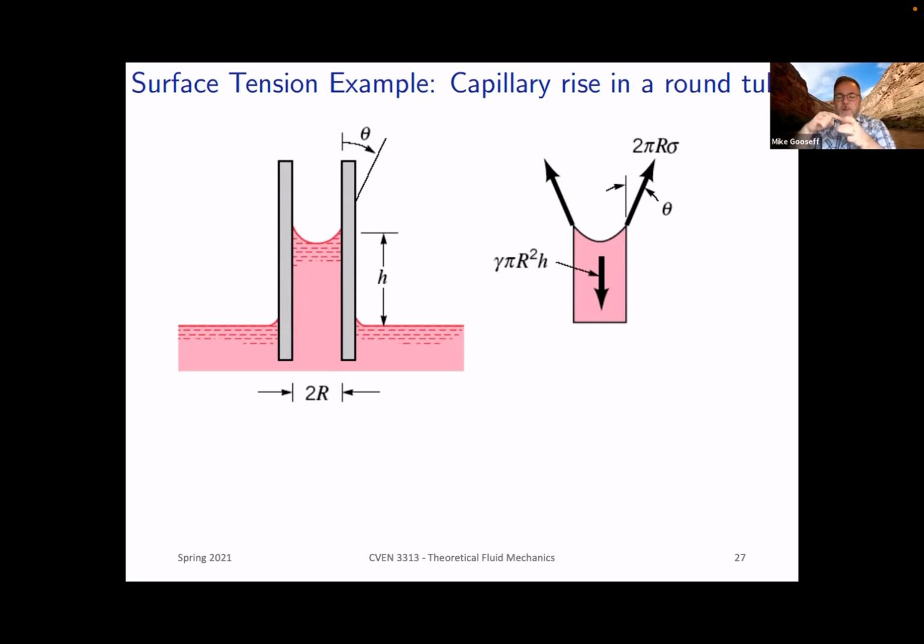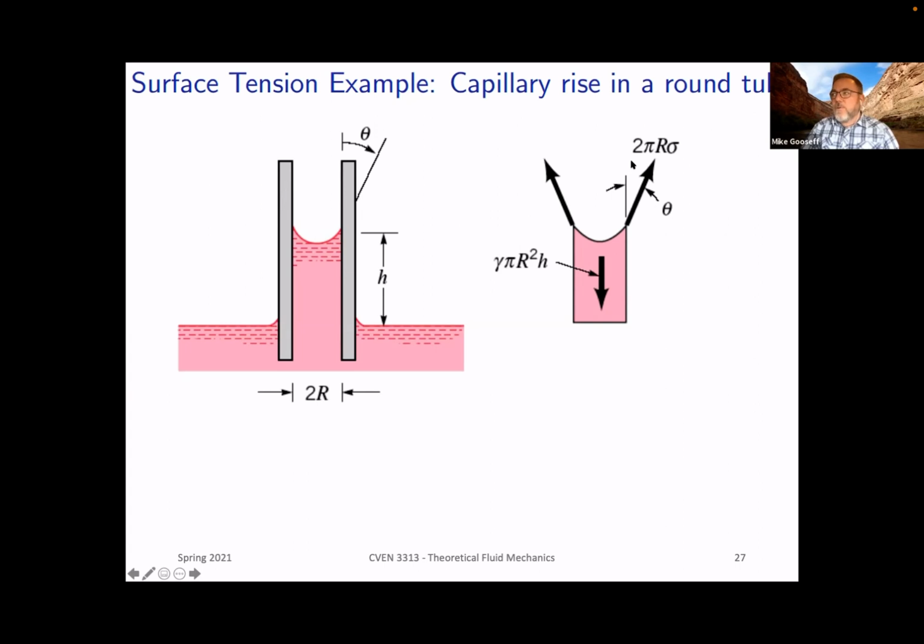And then we multiply that by h, where basically these last three terms are just describing the volume of the water that's being pulled up in the tube. And then we multiply by the specific weight. Remember, specific weight is gravitational force, the weight divided by the volume. And so when we have volume, this pi r squared h, multiplied by the specific weight, then we just get the weight. So that should be a force acting in the downward direction.